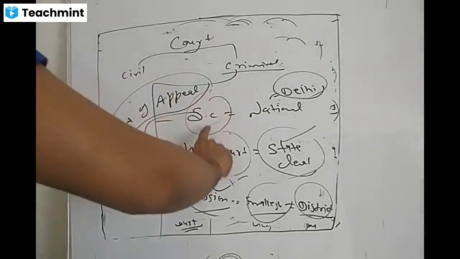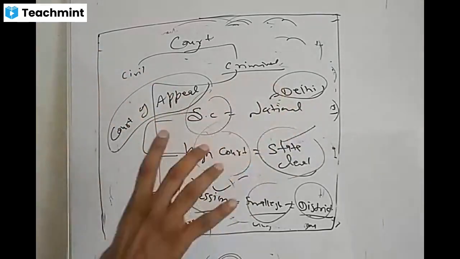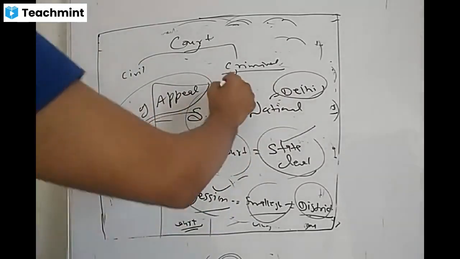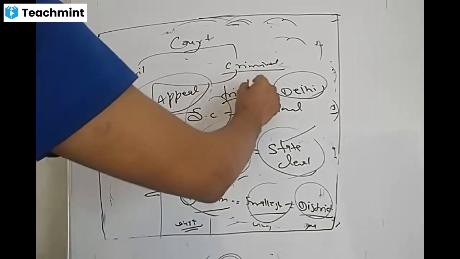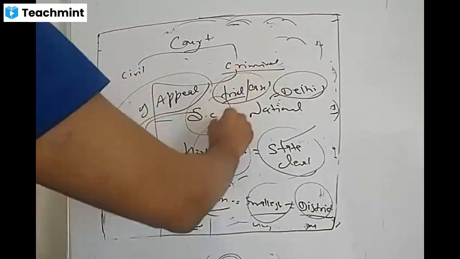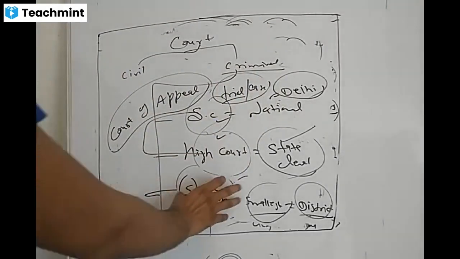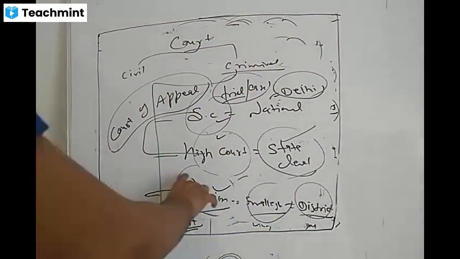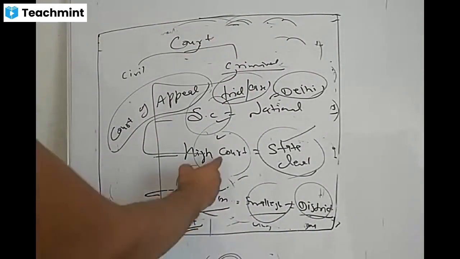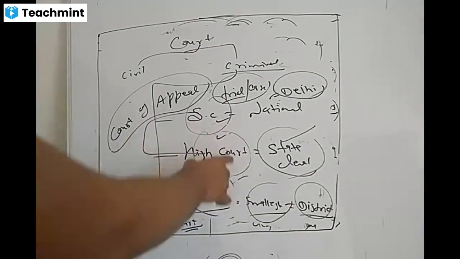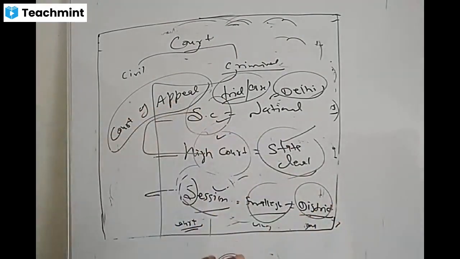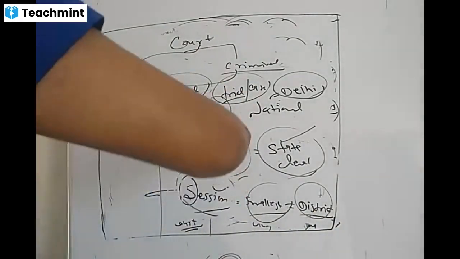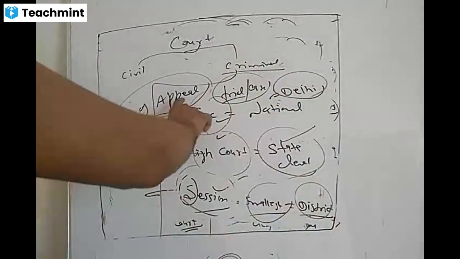These two courts do not take trial cases. So it will begin at the session level. If you are not satisfied with the decision of the session court, you can approach the High Court. If you are still not satisfied with the decision, you can approach the Supreme Court. So these two are your Courts of Appeal.